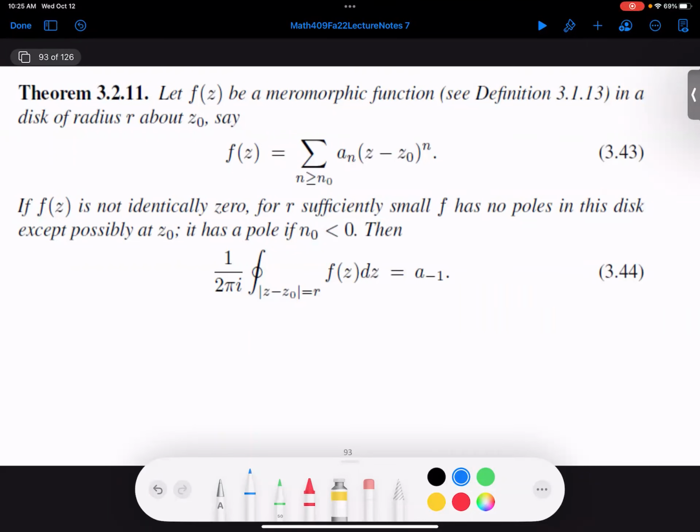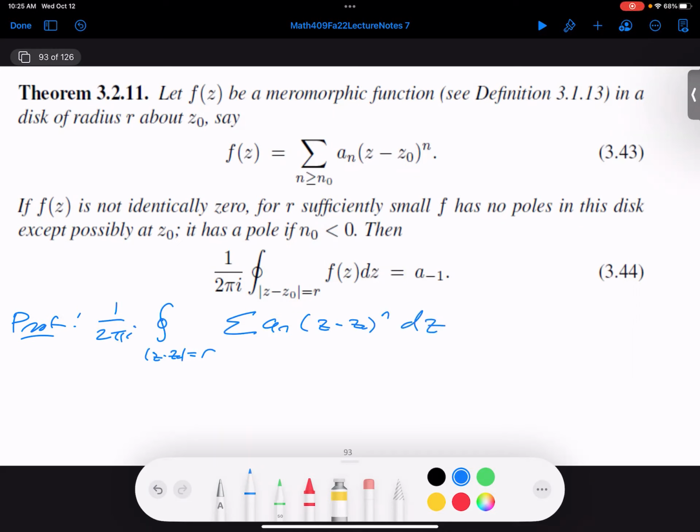And the proof is extremely straightforward if you don't worry about convergence. So we have 1 over 2 pi i, the integral over |z minus z naught| equals r, of f of z, which is the sum of a_n times z minus z naught to the n, dz.